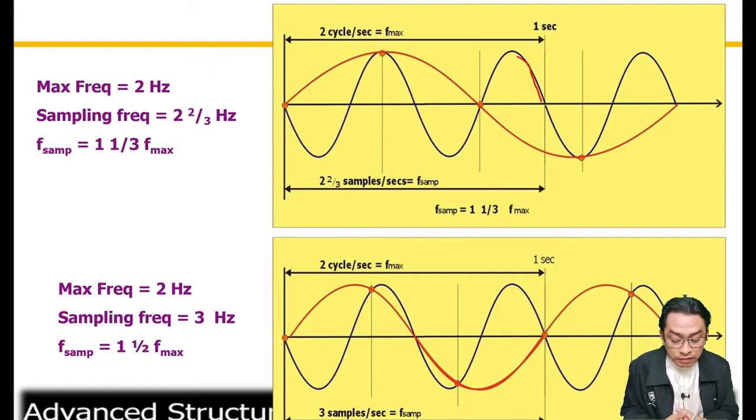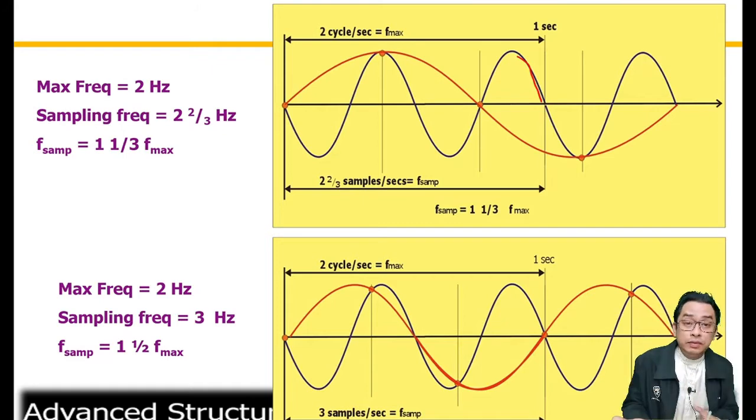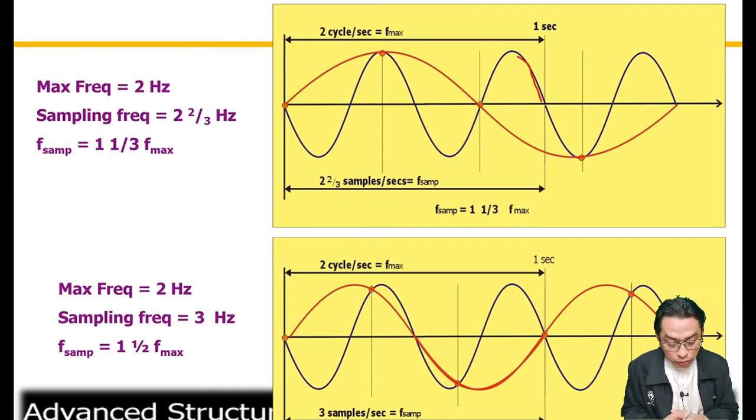If you plot it again, it will not give the correct shape of the original signal. Let's say we increase further to 3 Hz sampling frequency and plot it again. It approaches the shape of the original signal, but still cannot show the original frequency.